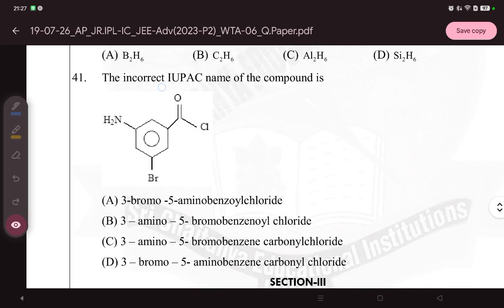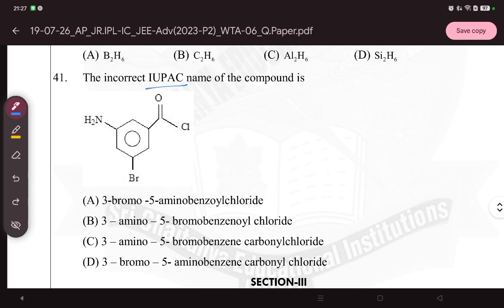IUPAC name of the compound is, here acid halide is the suffix. You have to start numbering from the acid halide group, and 2, 3, bromo, amine.